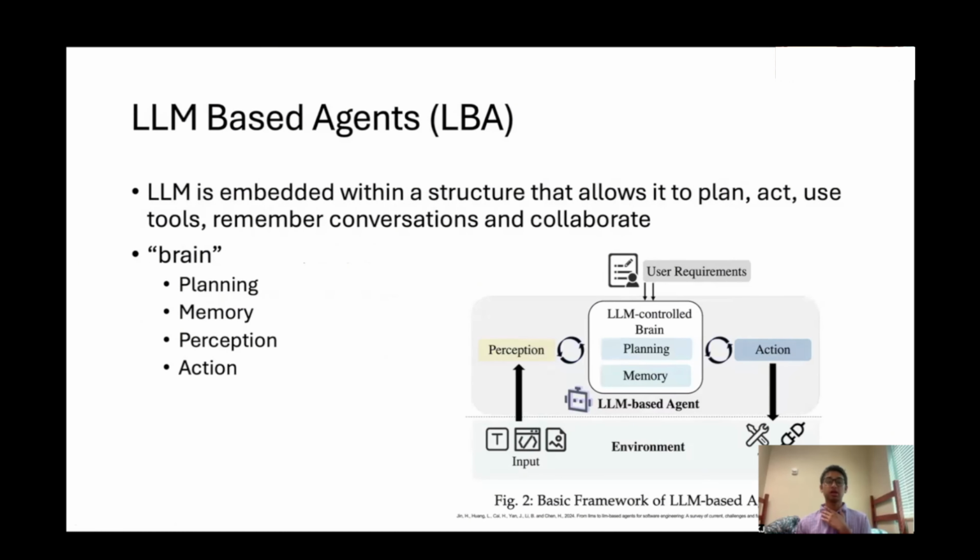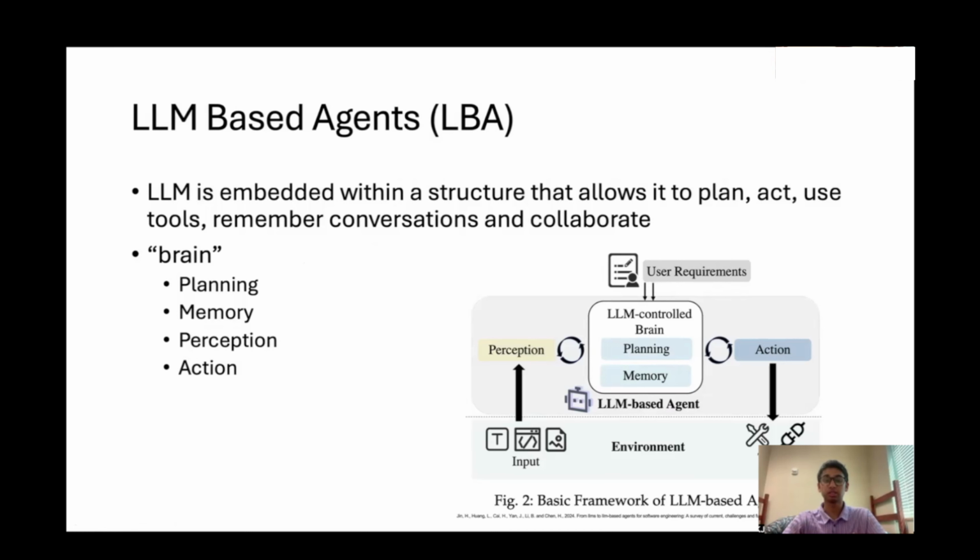So an LLM-based agent is where you give the LLM the ability to plan, act, use tools, and remember conversations. You can think of the LLM as being the brain, and it has a bunch of things it can do to give a more accurate response. A good example of this would be GPT, which came out with their agent mode, where you can use it to buy Uber or DoorDash.